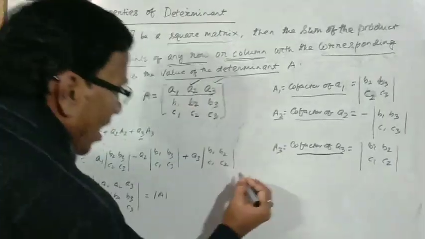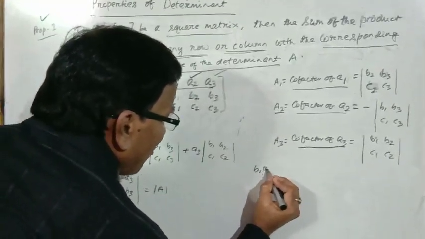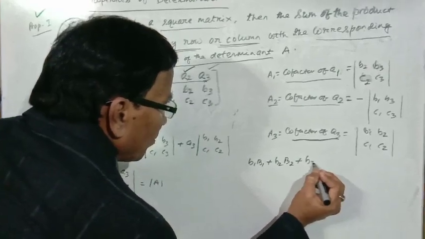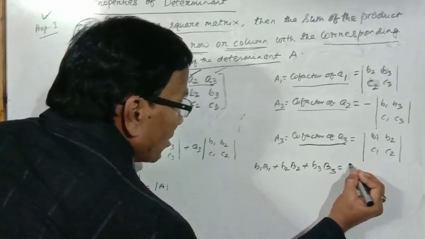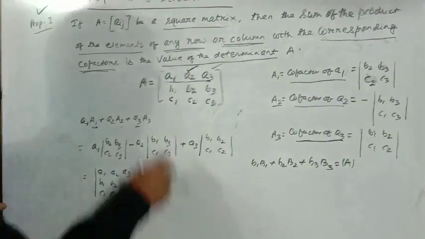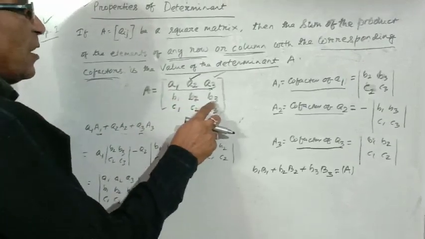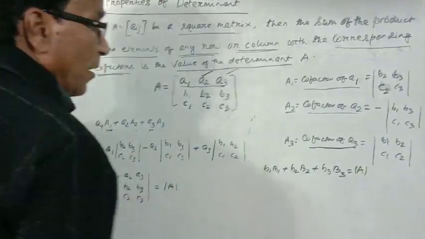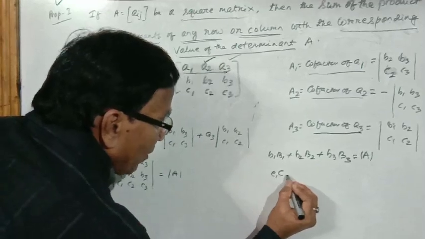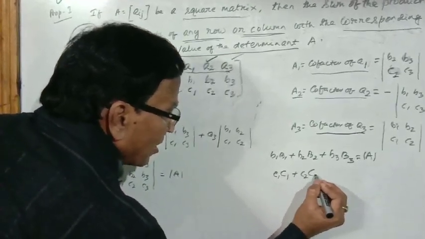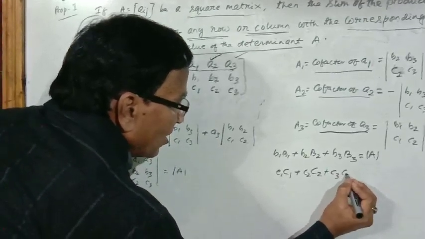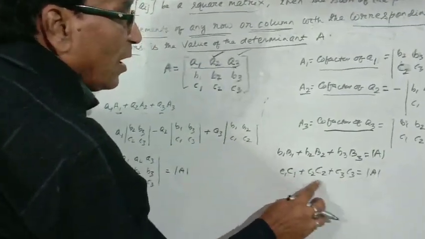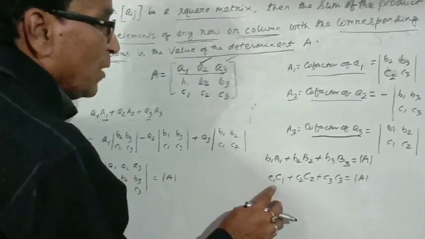Similarly, we can say that b1 B1 plus b2 B2 plus b3 B3 will also represent the determinant A. That means the sum of the products of the elements of the second row multiplied by their corresponding cofactors will represent the determinant A. Similarly, c1 into capital C1, c2 into capital C2 plus c3 into capital C3 is also the determinant A, where capital C1, C2, C3 are the cofactors of c1, c2, c3.